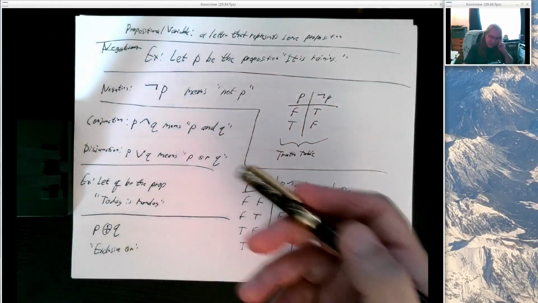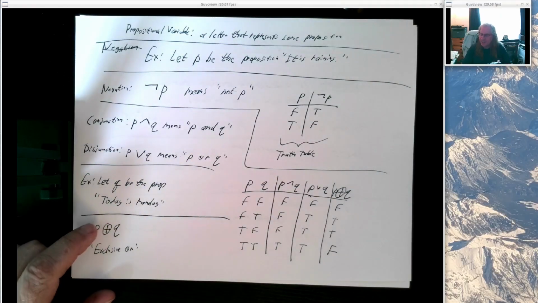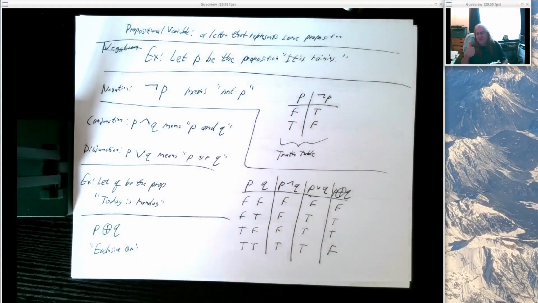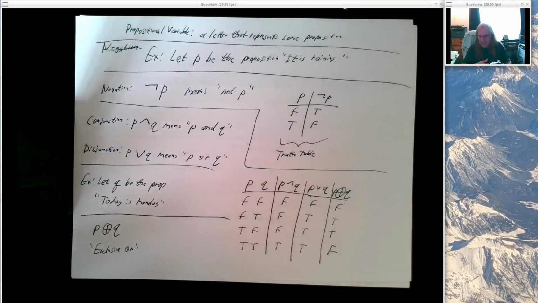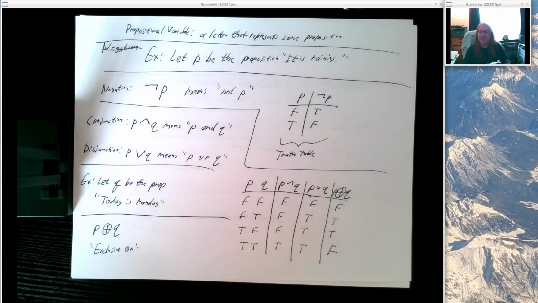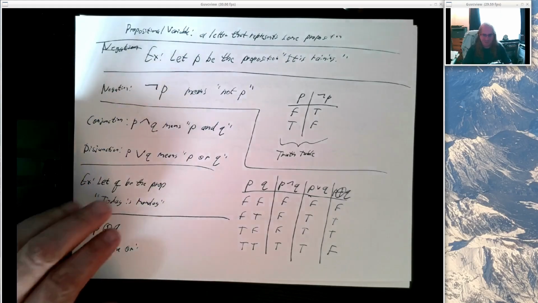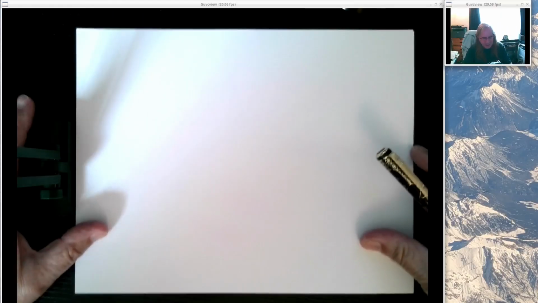So it's raining, exclusive or today is Monday, means either it's raining or today is Monday, but not both. And that's just a good old XOR operator again from Boolean algebra. All right, so those are our basic operators that we're familiar with already.